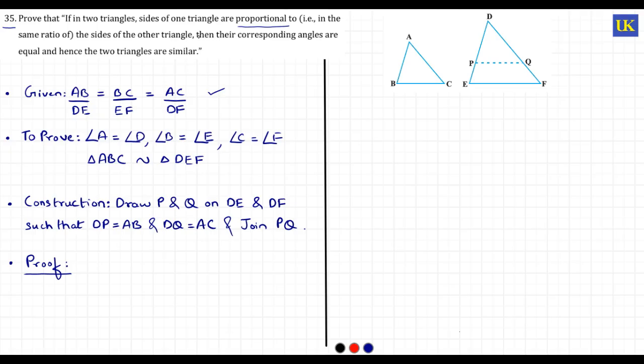And then what we have to prove is this next part. Then the corresponding angles are equal. So then the angles of both the triangles should be equal to each other.